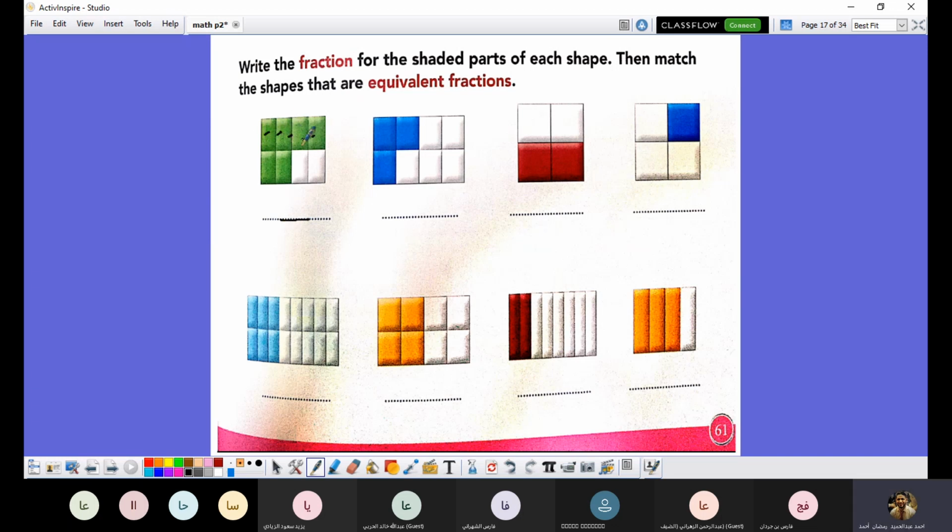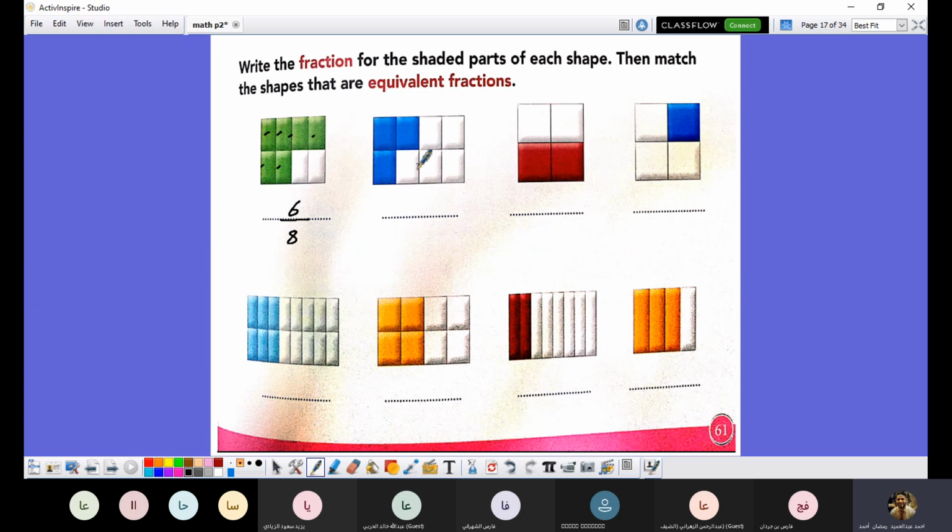1, 2, 3, 4, 5, 6 shaded parts, shaded by green, and all parts equal 8. So we have 6 over 8 or 6 eighths.